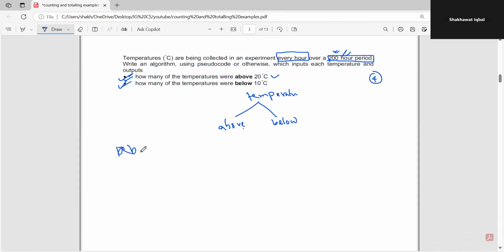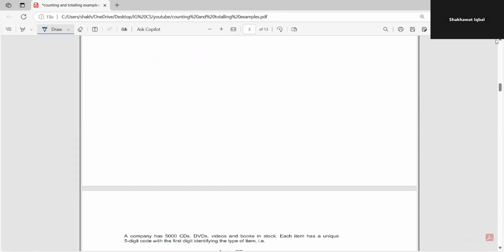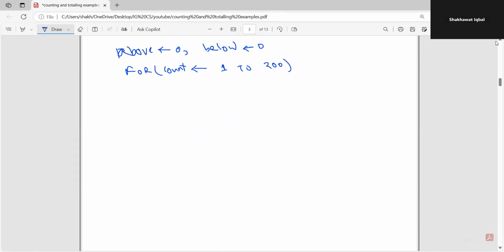So initially we need 2 variables: above is 0 and below is also 0. We take the decision based on temperature, right? So for count equals to 1 to 200, input temperature.